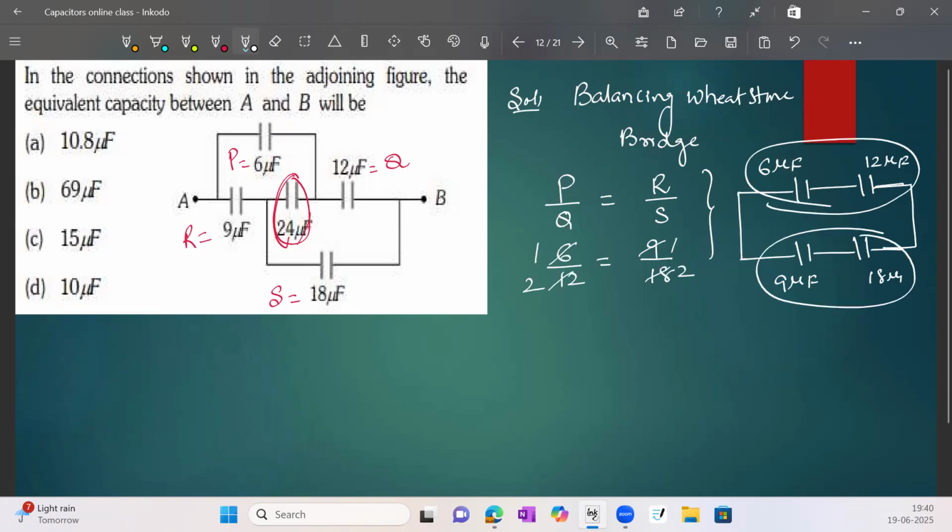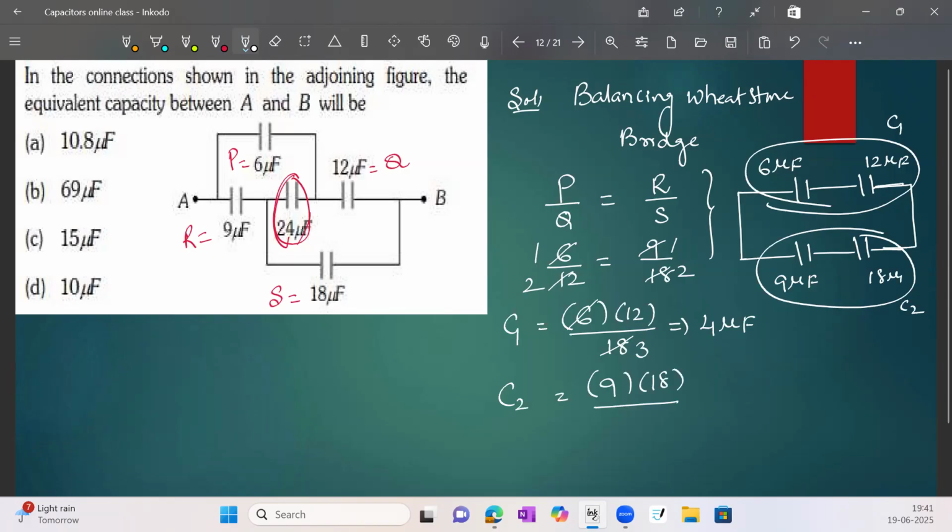I am taking this as C1 and this as C2. The formula C1 C2 by C1 plus C2 gives 6 into 12 by 6 plus 12, which is 18. 6 ones are 6, 6 threes are 18, 3 ones are 3, 3 fours are 12. So it becomes 4 microfarad. Similarly, for the other, 9 and 18.